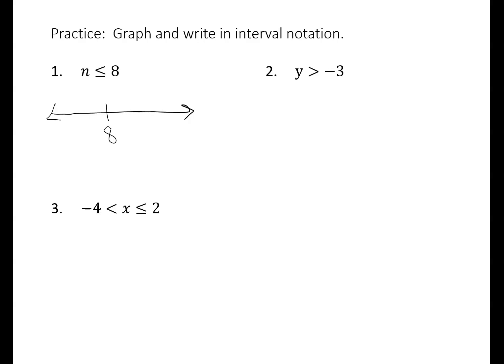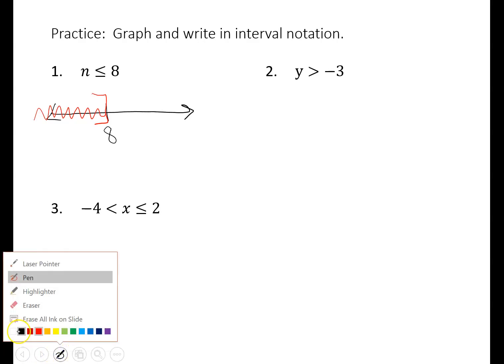Okay, let's see how you did. n is less than or equal to 8, so you should have shaded left of 8. Equal to tells me that I'm including 8, so you should have a square bracket on the tick mark open towards the shading. So that's what your graph should look like.